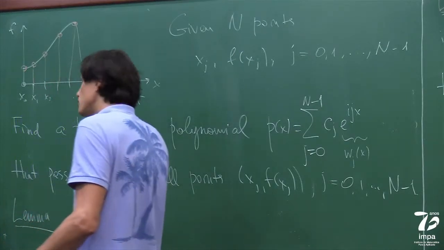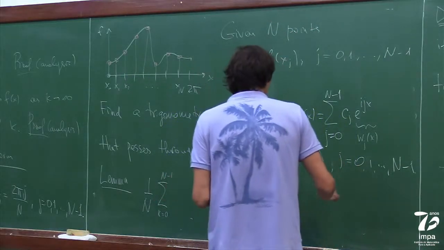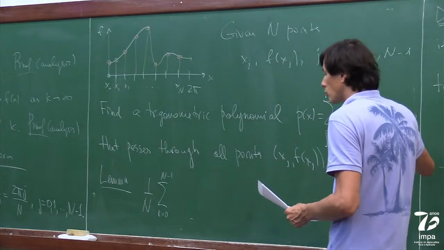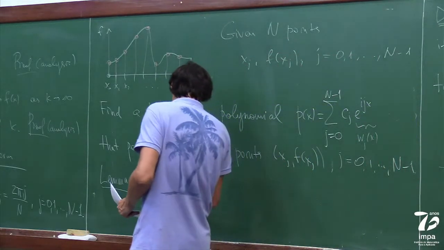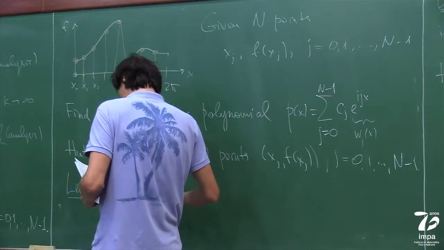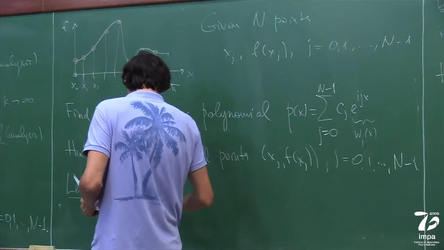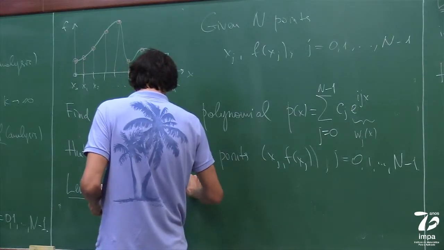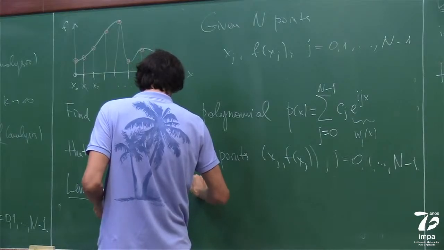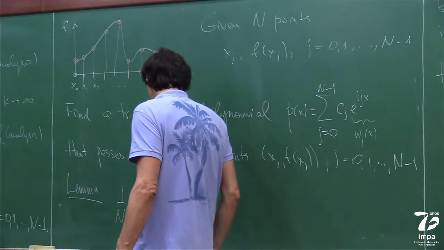So this is an average through all points. And then you take this function and multiply by the complex conjugate of the other. So compute it at that point x_k.